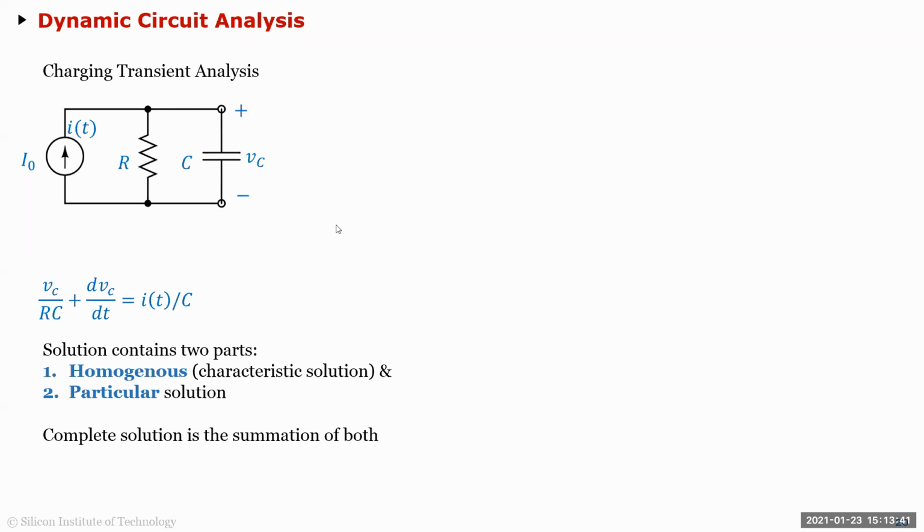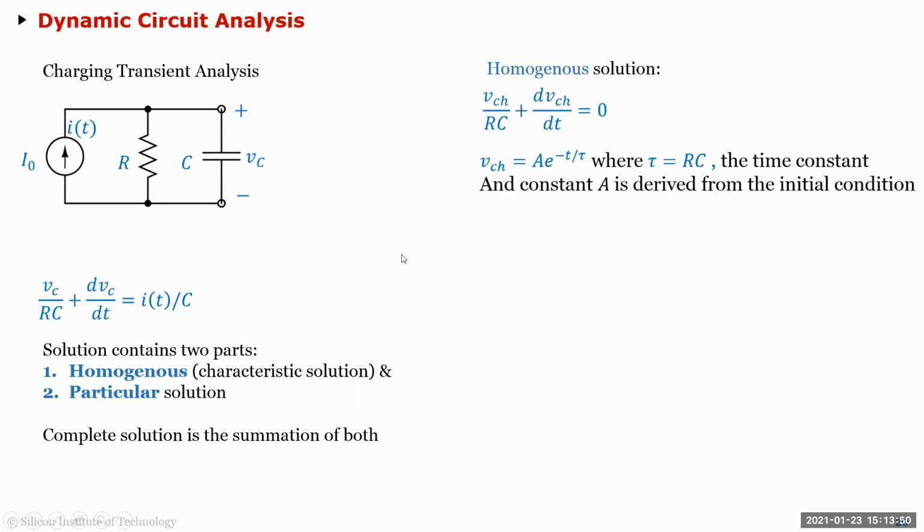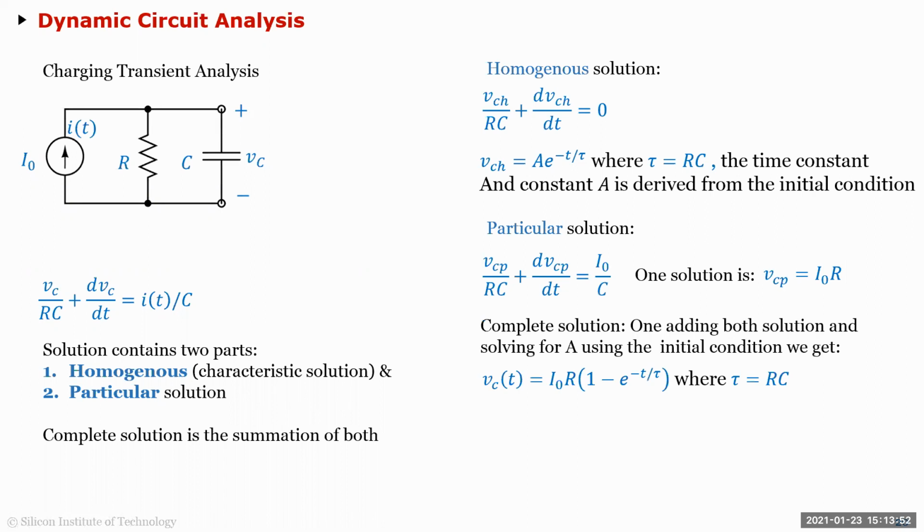Okay, so dynamic circuits. The theory part you can go through yourselves, and I'll just highlight some points. Any linear dynamic circuit is composed of what's called a homogeneous and a particular solution.